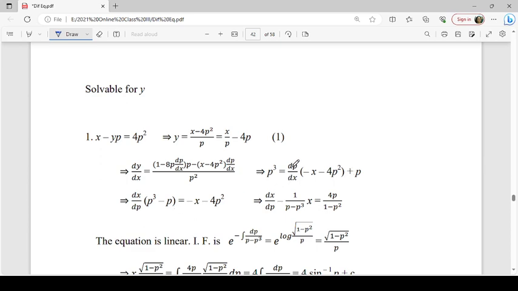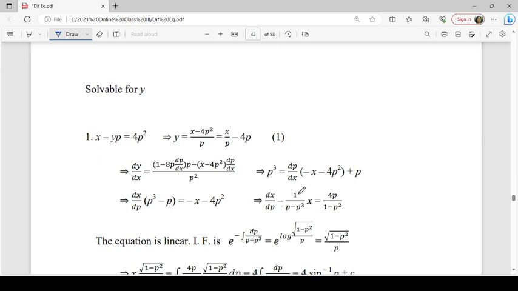Now we have this derivative dp dx. Because we are taking the derivative with respect to x, this we can write as p, and we need to take the derivative of x and p with respect to x. With respect to x it is 1, and with respect to p we need to write dp dx. Then we have this type of equation, and these are linear equations in x and p.